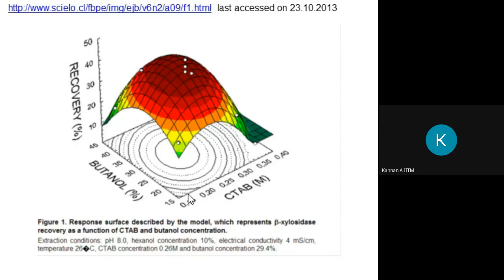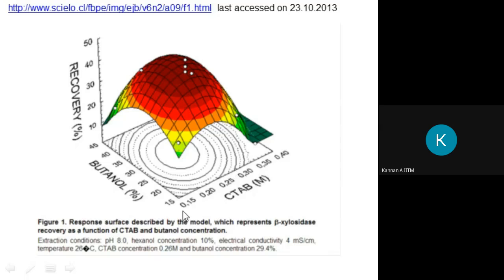So when you have these three possibilities, the response is what you expect from a linear combination of the two variables. That would be an independent interaction. There is no interaction. But if you have a synergetic interaction, the response is much greater than what you believe.